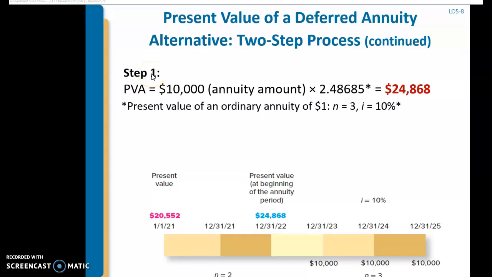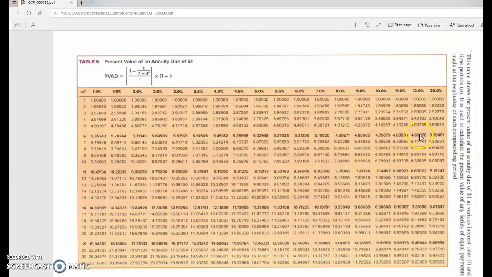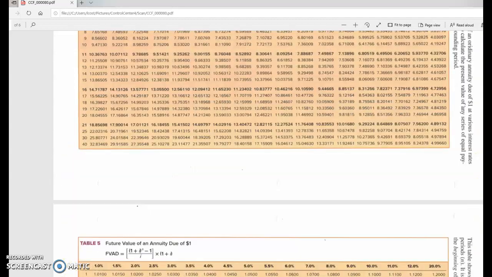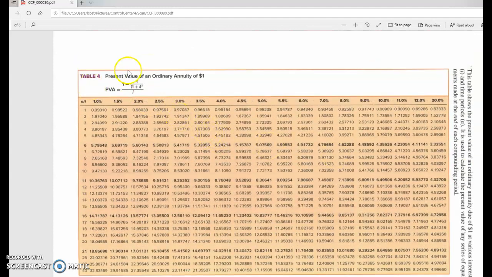Step 1. Look at Table 4, present value of an ordinary annuity, n equals 3, i equals 10%. You get a factor of 2.48685.